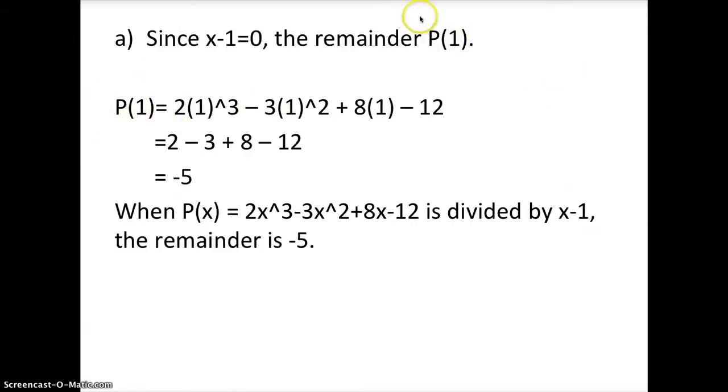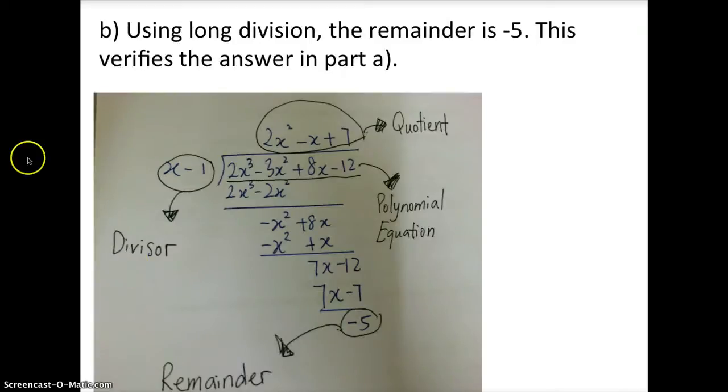Substitute 1 inside and you get this solution, and we get negative 5 for the remainder. So when this polynomial is divided by the divisor x minus 1, we get a remainder of negative 5. By using long division, the remainder is the same as in part A, which is negative 5.